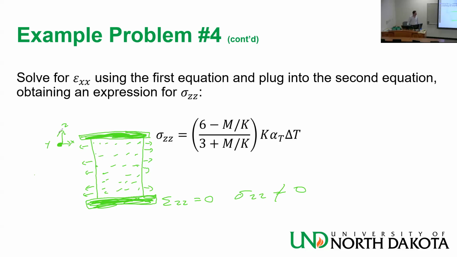It's like coming towards me, coming out of your screen, let's say. So I have epsilon xx and epsilon yy, and they are equal because of isotropy.